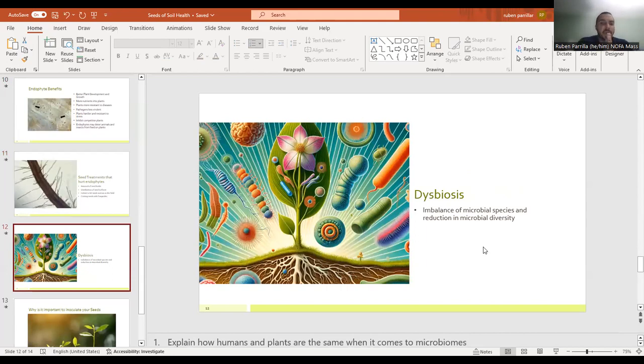So I wanted to bring up this concept of dysbiosis. And the reason why I want to bring this up is because we're in this interesting feedback loop where both plants and humans have this symbiotic relationship, and one cannot exist without the other, right?